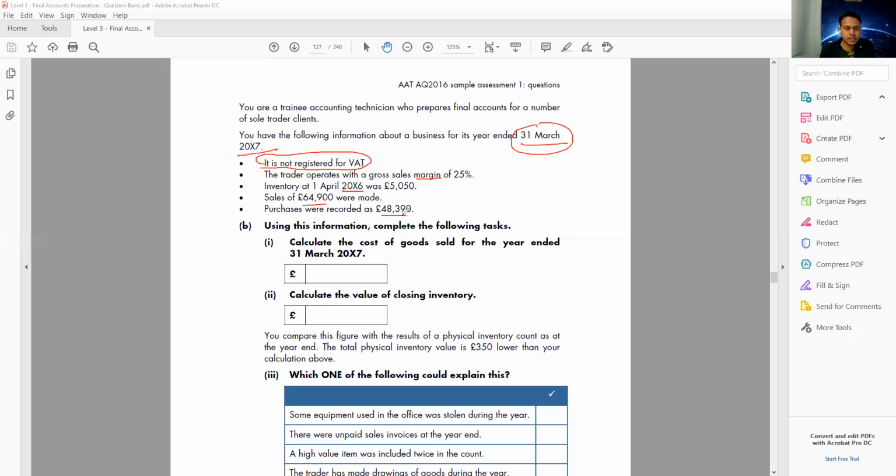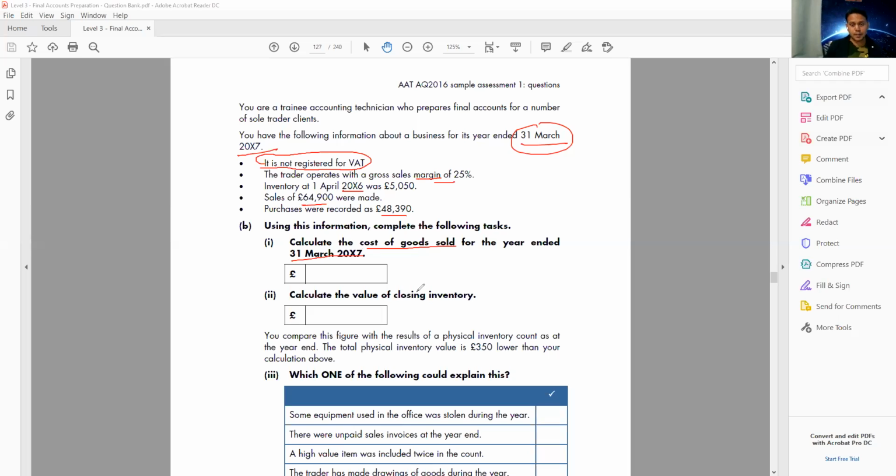Let's read the requirement. Using the information, complete the following task. Calculate the cost of goods sold, COS, cost of sales, for the year ended 31st March 2007. So we already have our sales and we have our profit. Can we calculate how much is the cost?